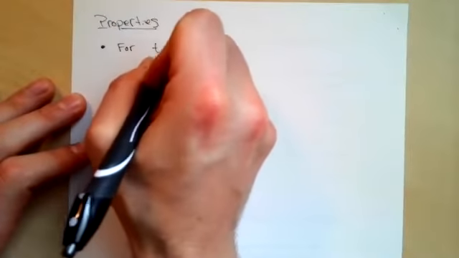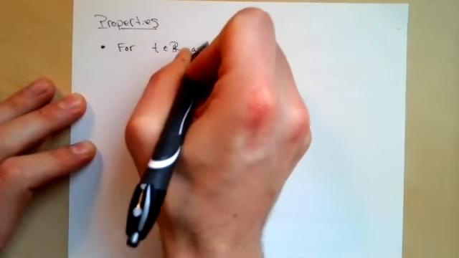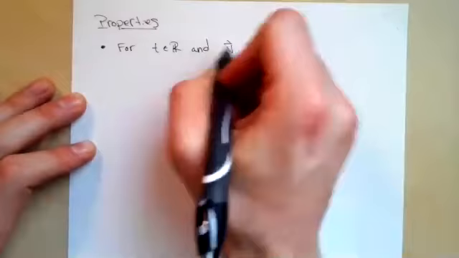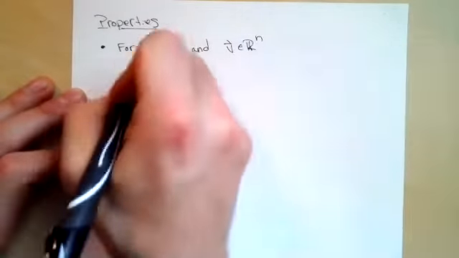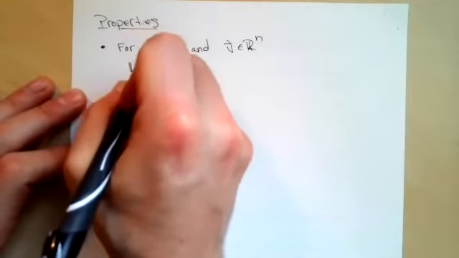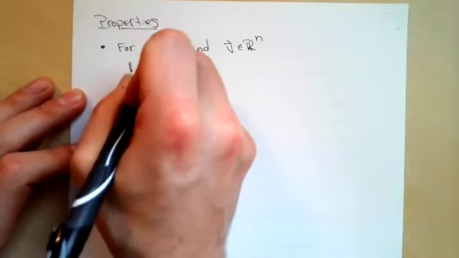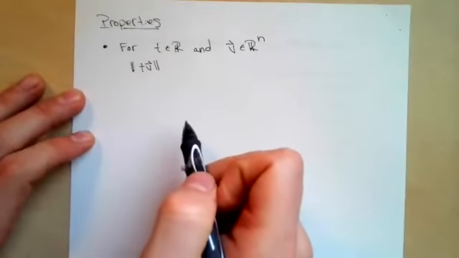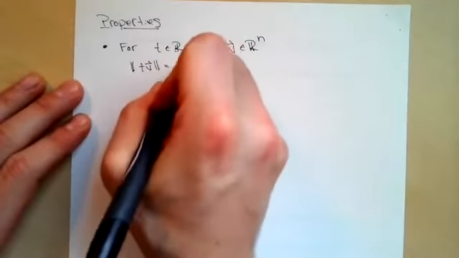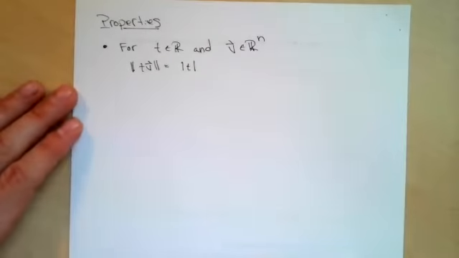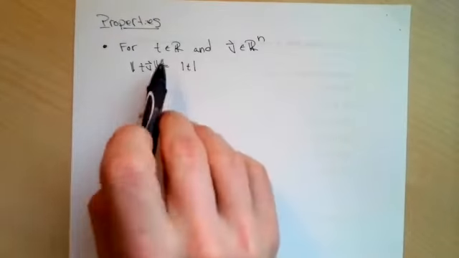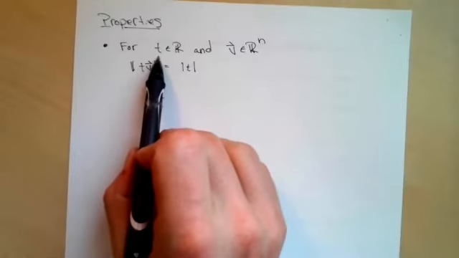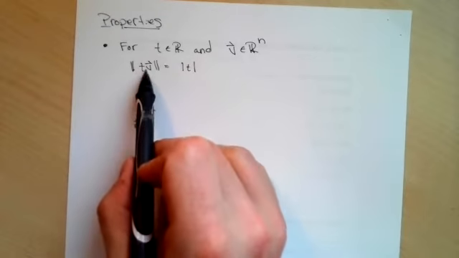So some properties for any scalar and a vector v. If we scale the vector first, and then compute the norm, that's going to be the same as just taking the magnitude of that scalar, or the length of that scalar. Be mindful that the scalar could be negative, so it could flip the direction.